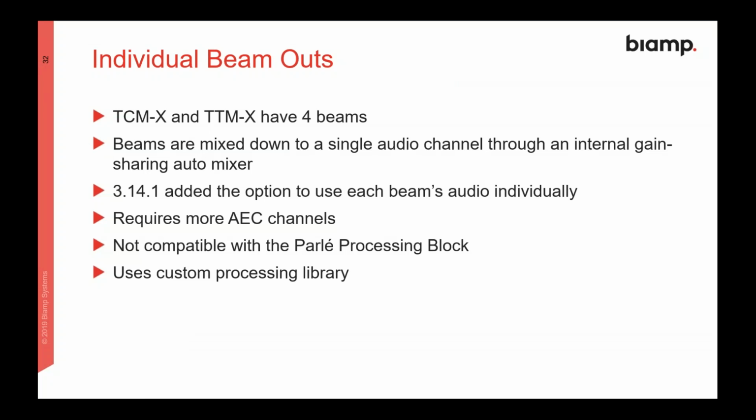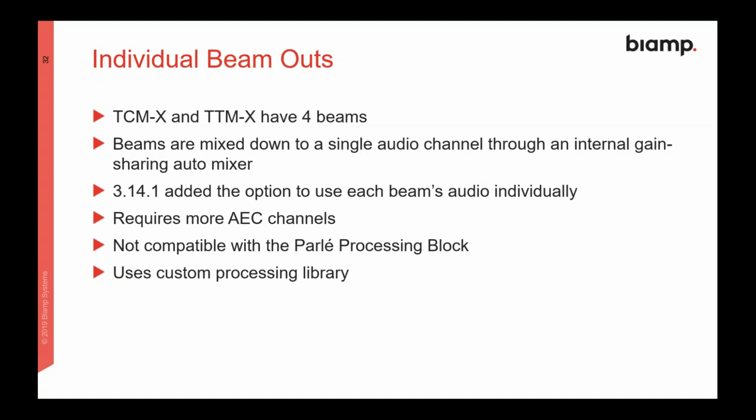So each TCMX and TTMX have 4 beams, which we mentioned earlier, and those beams are mixed down to a single audio channel that comes out into the DSP. This means that you only need to use 1 AEC channel per microphone. But again, we talked about having 4 little microphones in 1 array here.